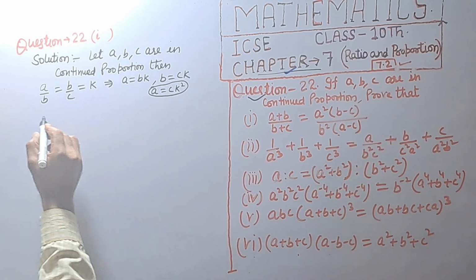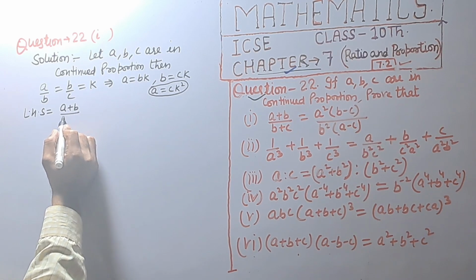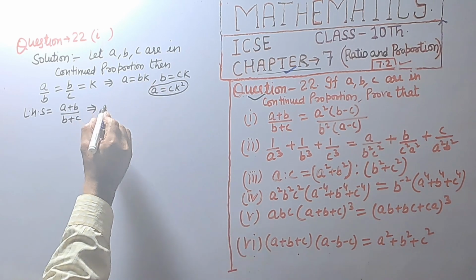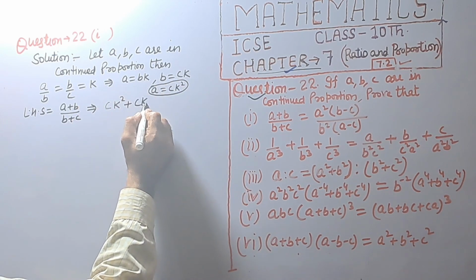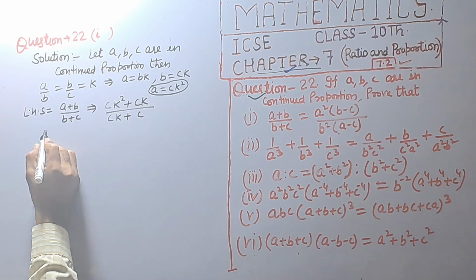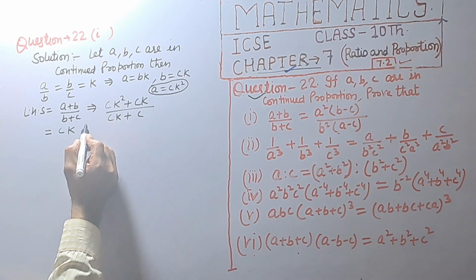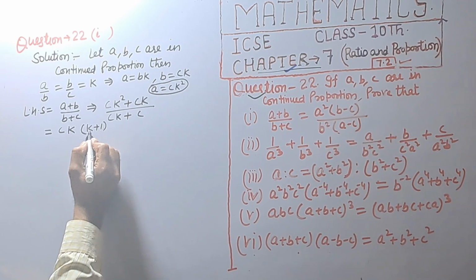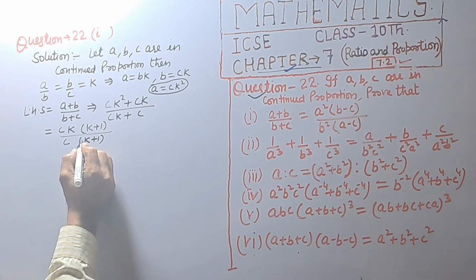We are taking left hand side, that is equal to (A plus B) upon (B plus C), which implies A is equal to CK square plus B is equal to CK, divided by B is equal to CK plus C. CK is taking common, in bracket we get K plus 1, divided by C is taking common, bracket K plus 1.